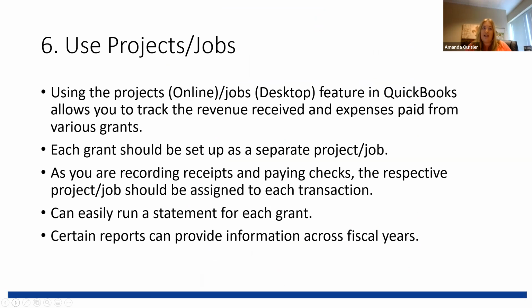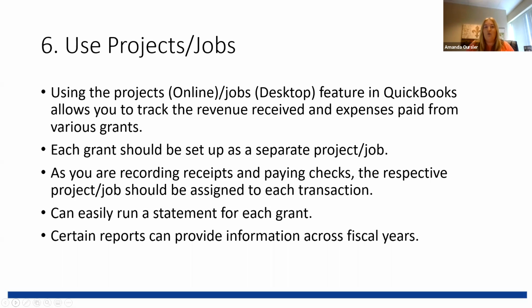So toggling off of classes is using a project or a job when you receive a new grant. While the classes can give us some allocation, this just drills down things even a little bit farther. If you have the online version, they call it a project. If you're using the desktop version, they call it a job. So when you receive a new grant, you can set that up as a job.